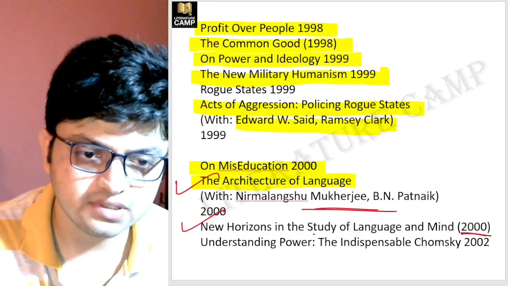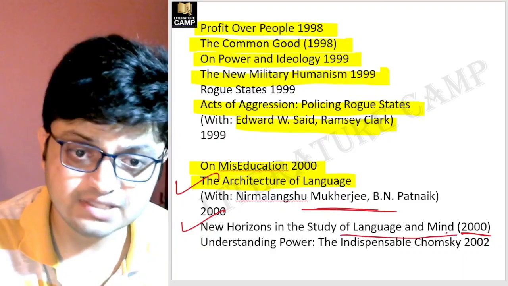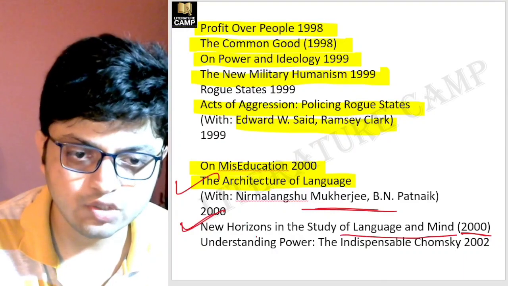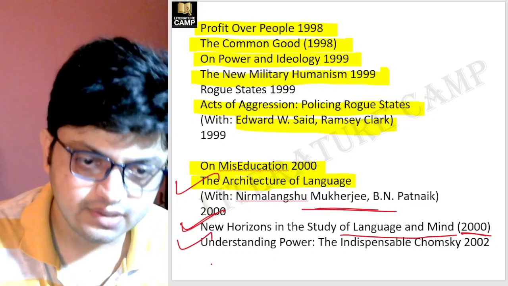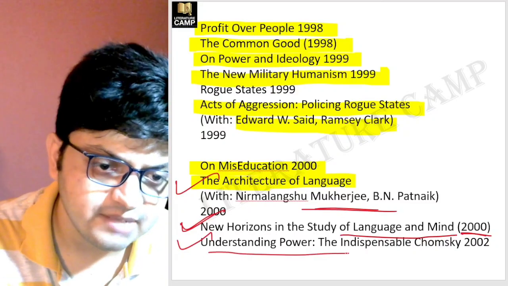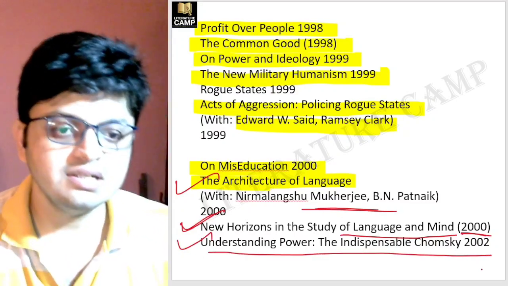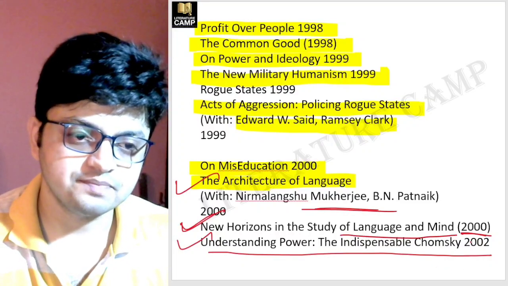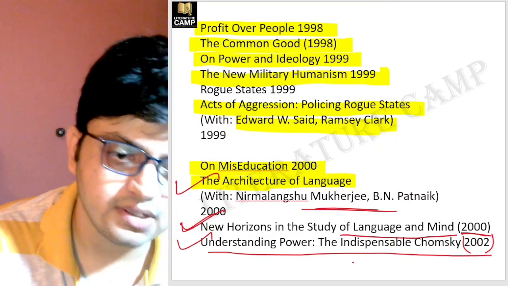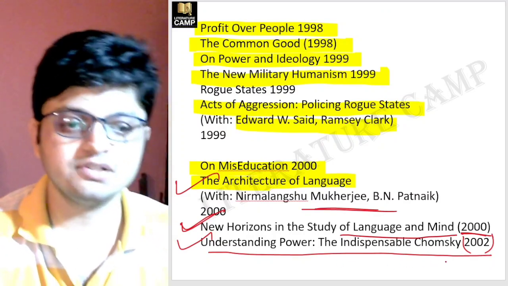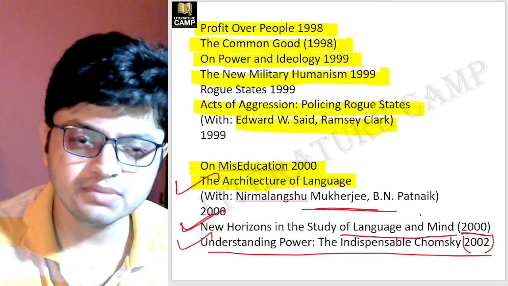They can simply ask this work. Next work, again that you need to remember, Understanding Power and The Indispensable Chomsky, published in 2002. You need to remember the names.